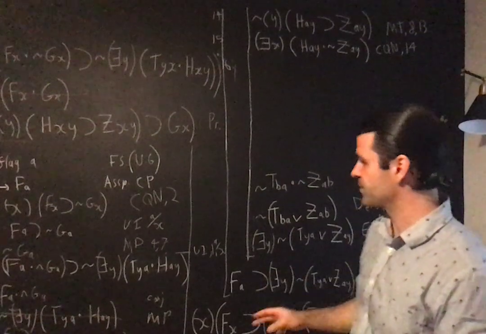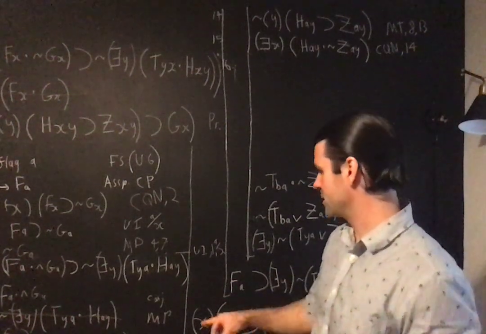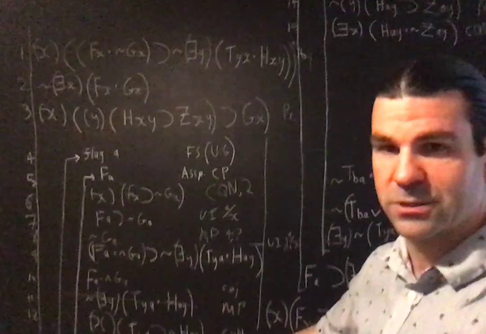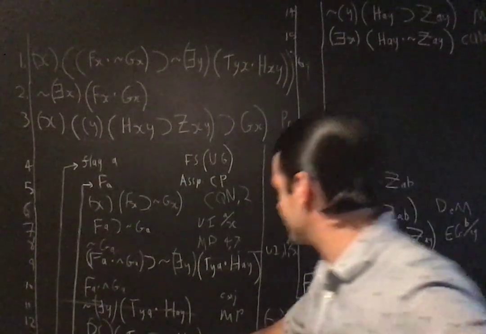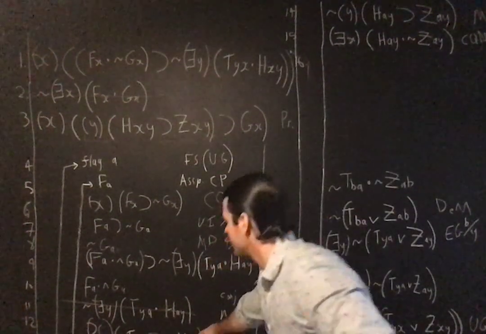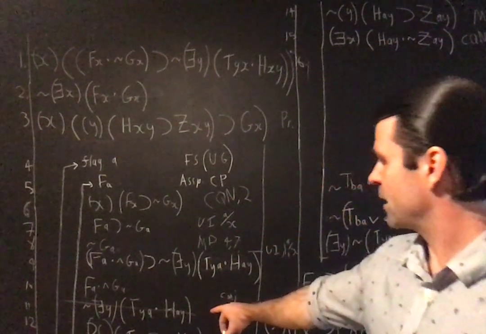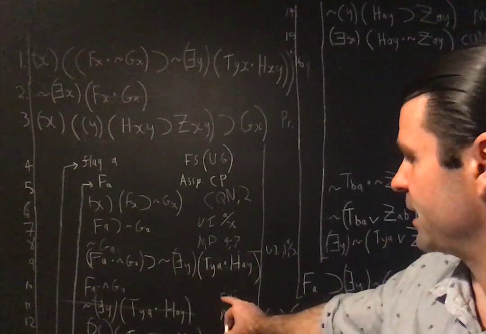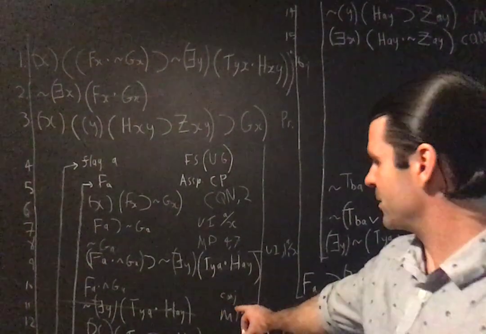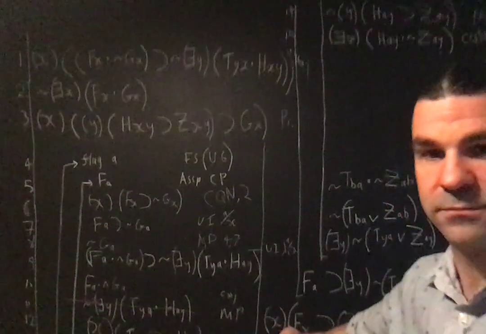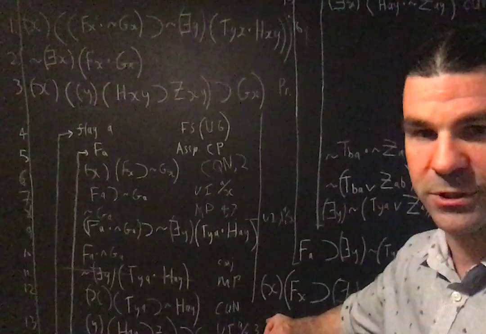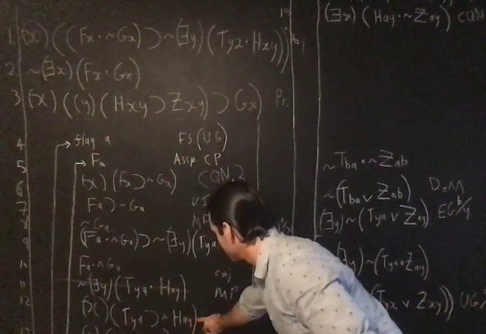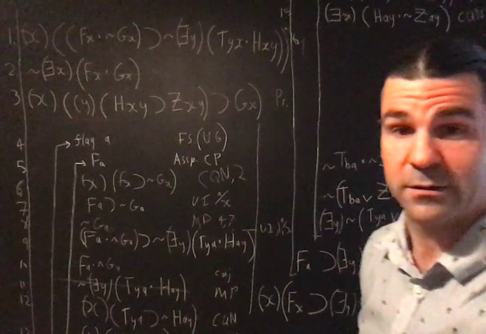I've also got down here 12, this one: for all x, if Hx A, then not Zx A. We're going to use that.